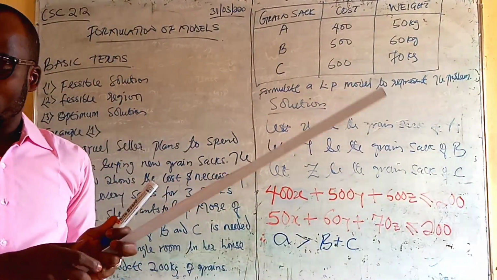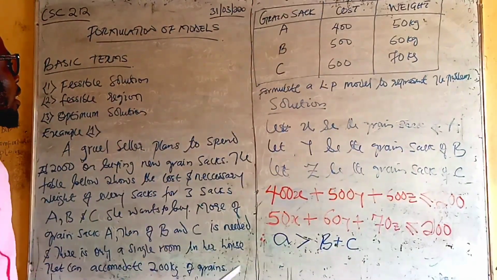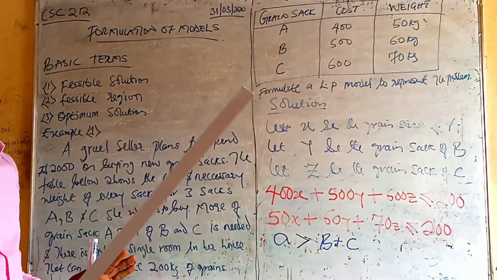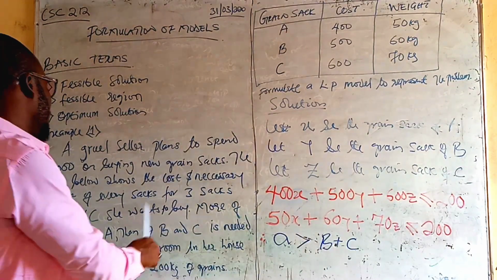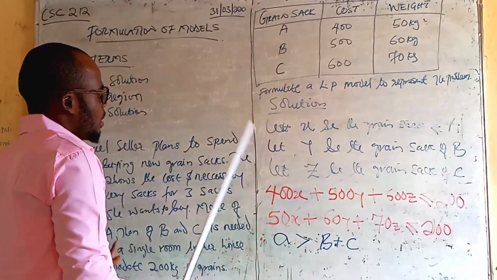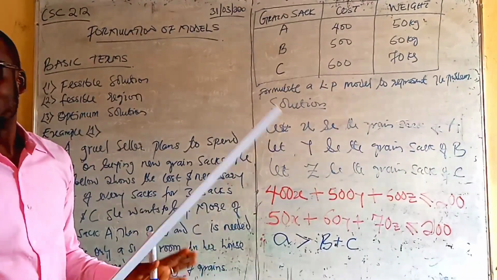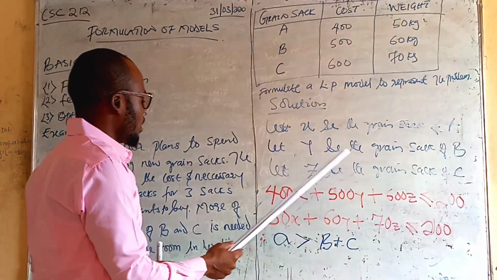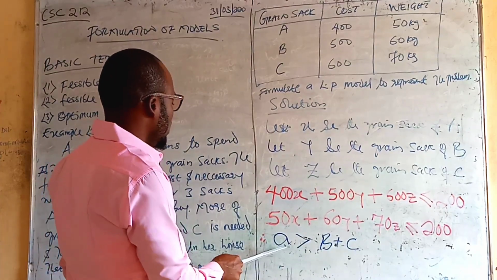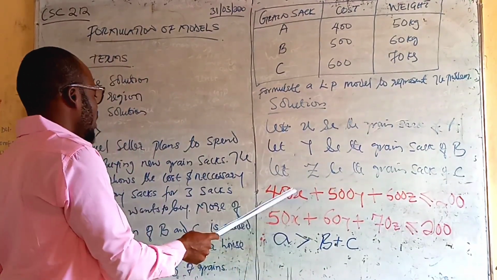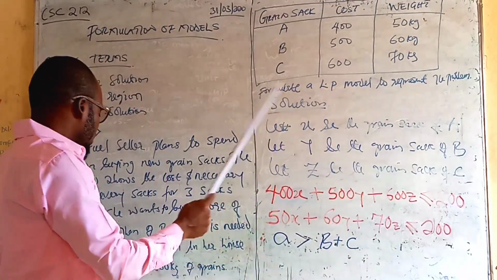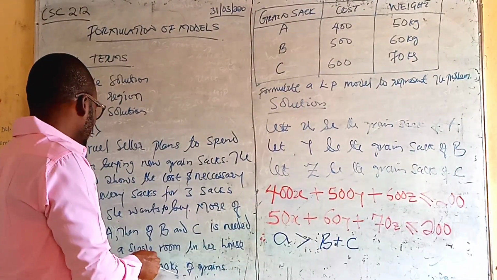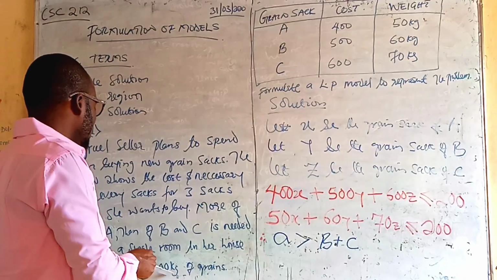We have formulated our linear programming. All we are going to be asked to do is just formulate. We are not going to solve any problem, but rather just formulate. So here is how we are going to formulate. A represents the number of sacks that is going to be accommodated in the room that can accommodate 200 kilograms.